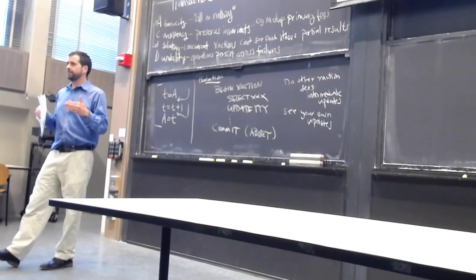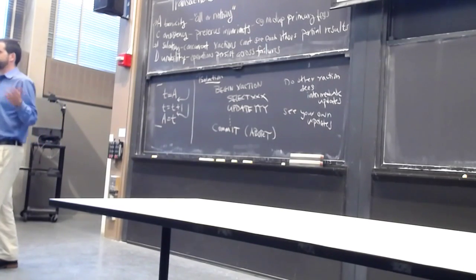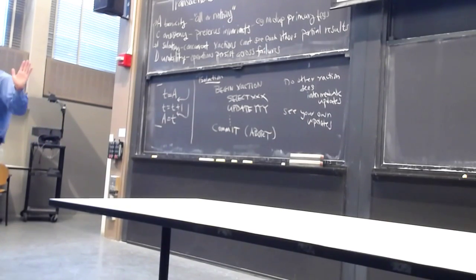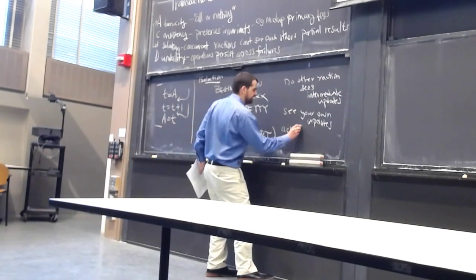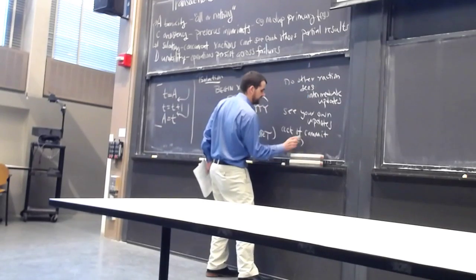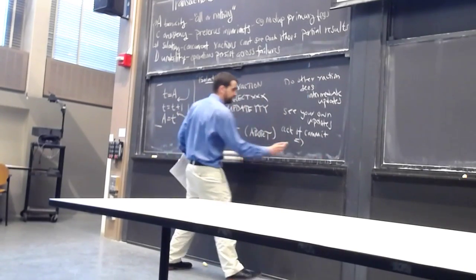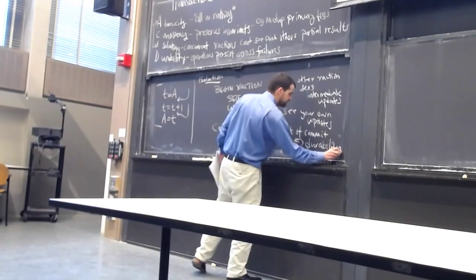If it doesn't get to the point where it says OK back to you, then you have no guarantees about the thing actually being persistent. But if it says OK, the thing is persistent. So the ACK of commit is what means you've got durability.